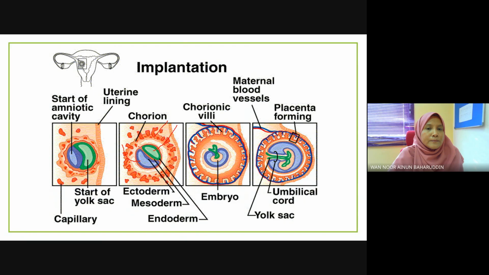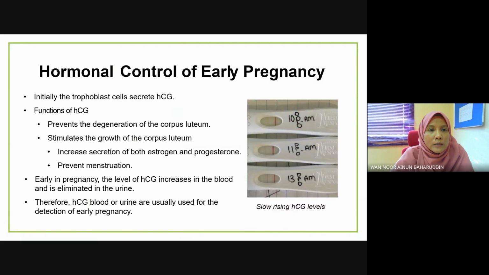Then it further develops into the embryo with chorionic villi, and now it tries to connect to the maternal blood vessels, and the placenta is now forming that replaces the corpus luteum to get the nourishment. Okay.